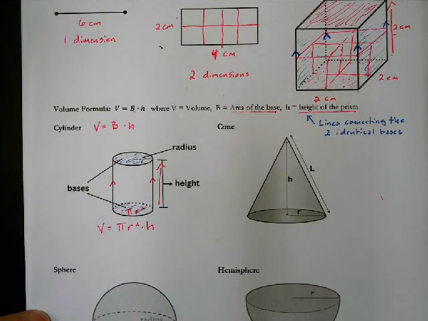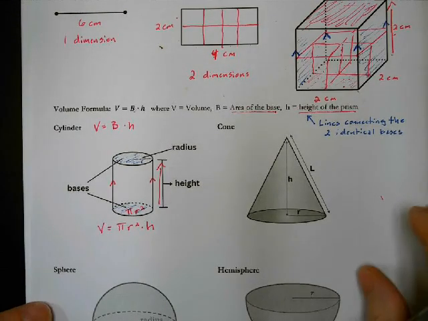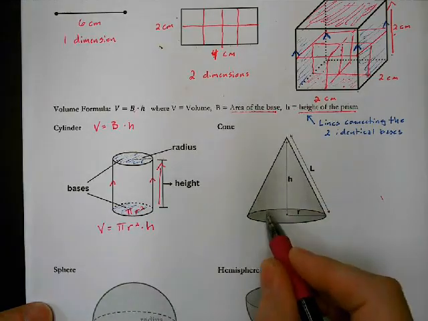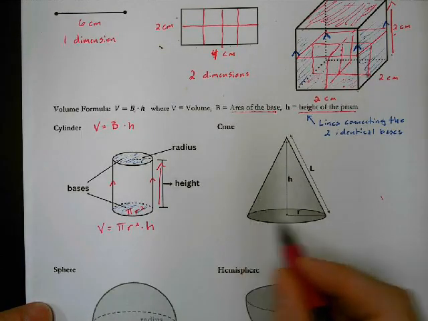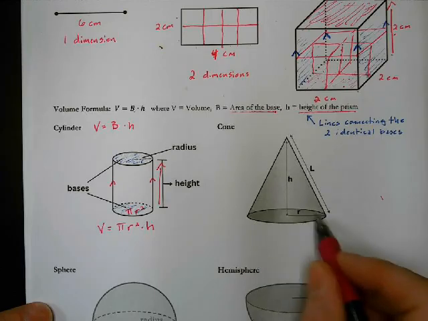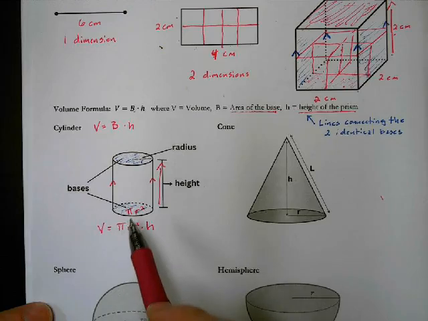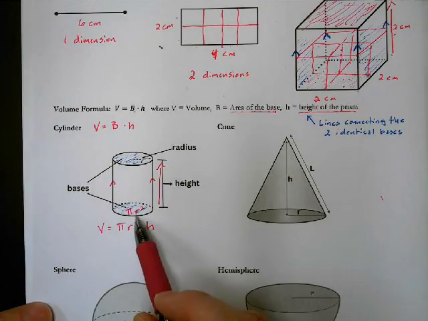And now we get to a cone. So a cone is a little bit weird because it actually has two heights in it. A cone does have a base area down here that is a circle. But unlike the cylinder over here, we don't have another circle on top.